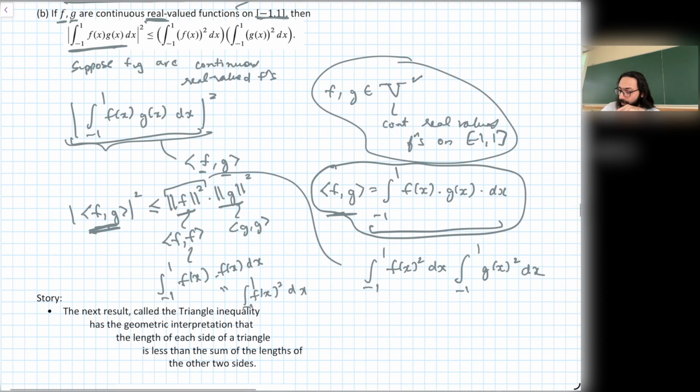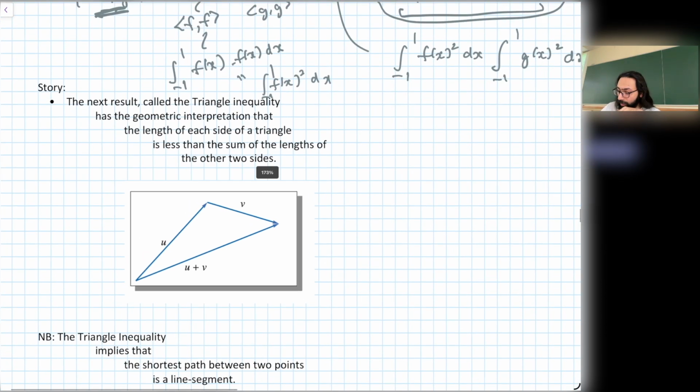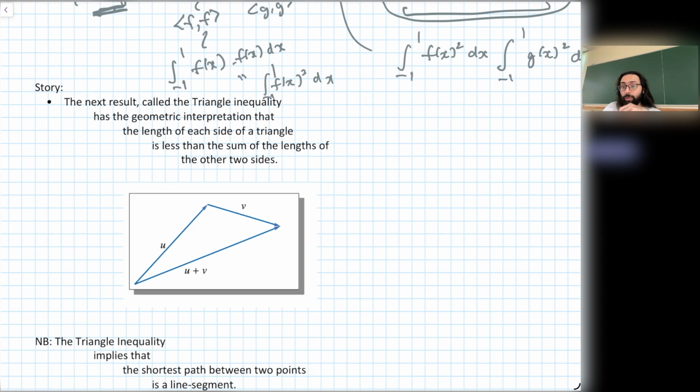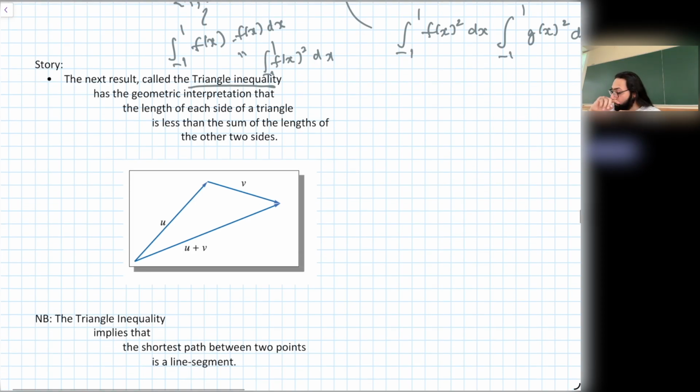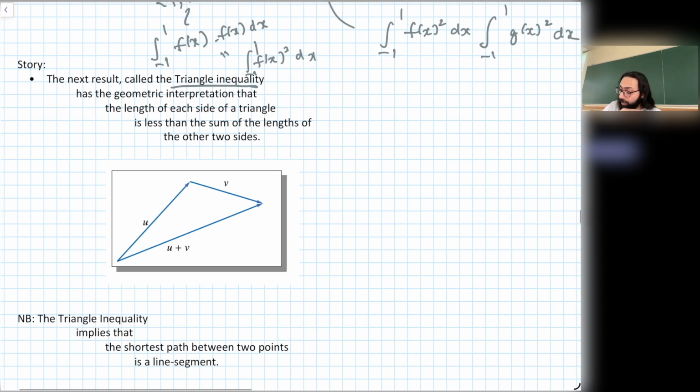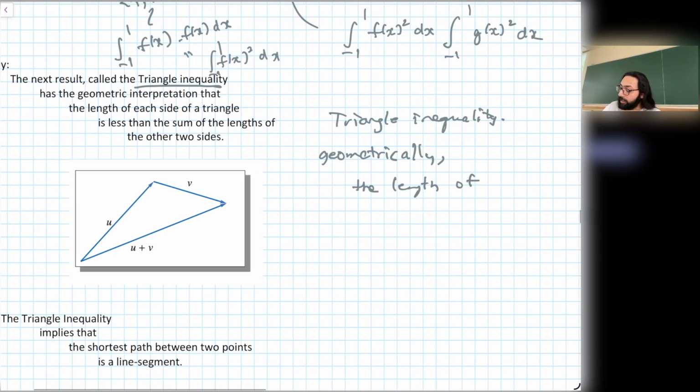Good. All right. So now the next result that we're going to look at is called the triangle inequality. It has the following geometric interpretation. We'll write the geometric interpretation first. Geometrically, what it means is that the length of each side of a triangle is less than the sum of the lengths of the other sides.